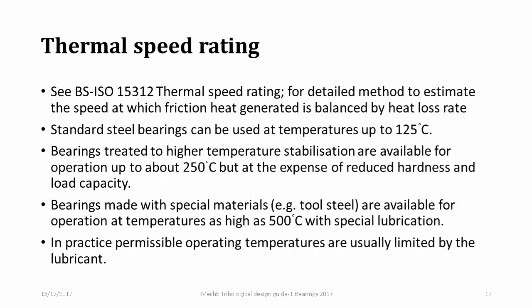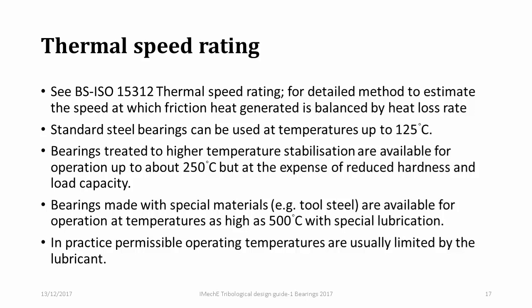Thermal speed rating. I just mentioned that we use oil mist to avoid excessive friction heating. Of course, the mere fact of the rolling contact passing stresses the steel, and that causes heating in its own right, and then there will always be some heat generated through the lubricant film. So there's been a lot of work done in recent years, and we now have BS ISO 15312, which gives a thermal speed rating.